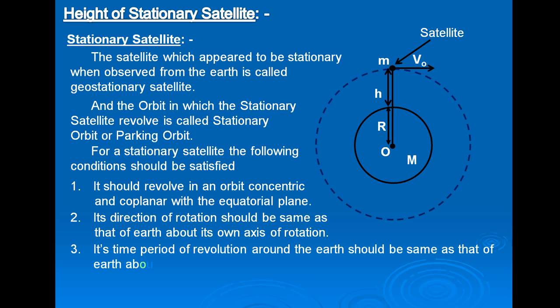Third condition, its time period of revolution around the Earth should be the same as that of the Earth about its own axis of rotation, that is it is equal to 24 hours.